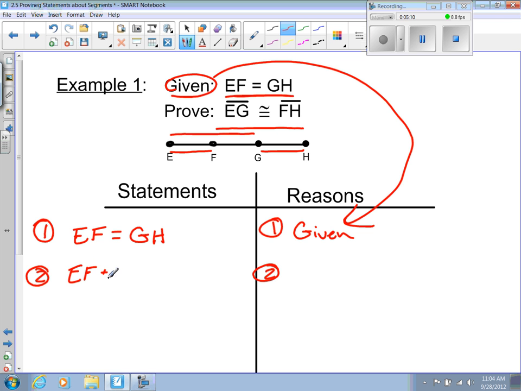I'm going to add FG to EF, and I'm going to take GH and add FG as well. Okay, so that's going to start to give us this whole segment, and that's what they want us to prove, that these segments are congruent. So adding those together, why can we do that? That's the addition property of equality.